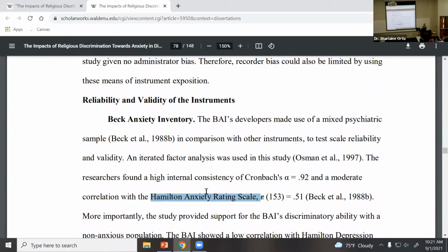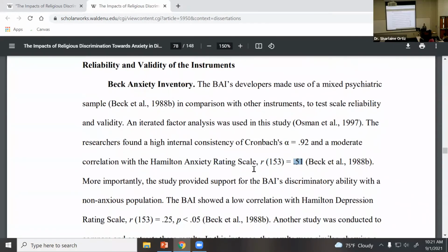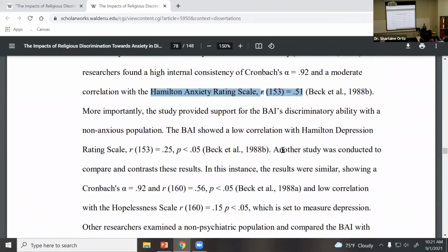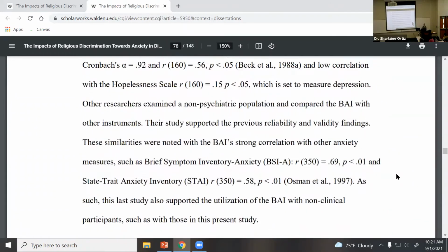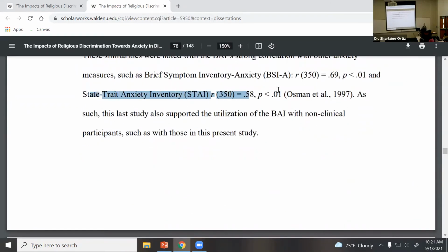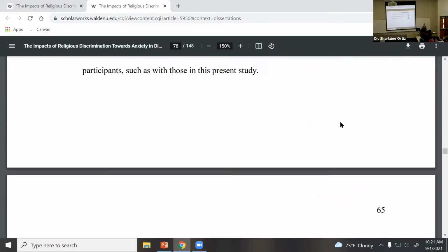So that is validity. And it's moderately related to the Beck Anxiety Inventory. It's a 0.51, so it's moderately related to the Hamilton Anxiety Scale. So notice that I have to break down all of the qualities of that instrument.